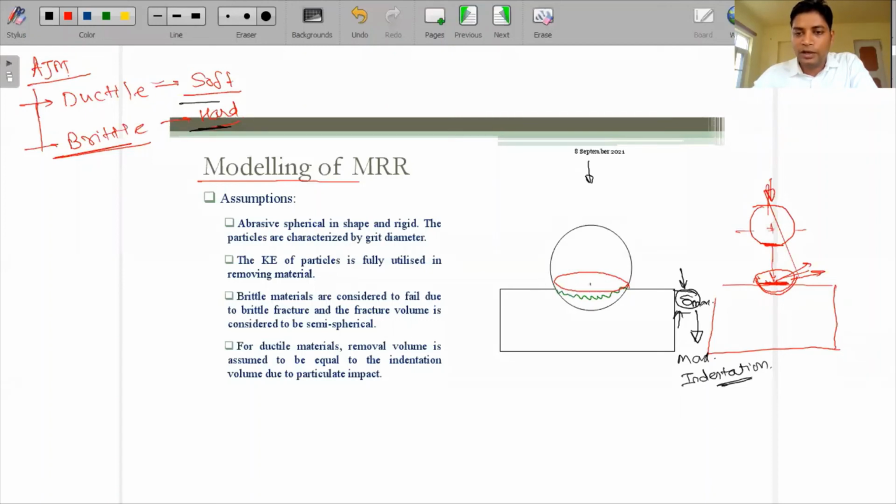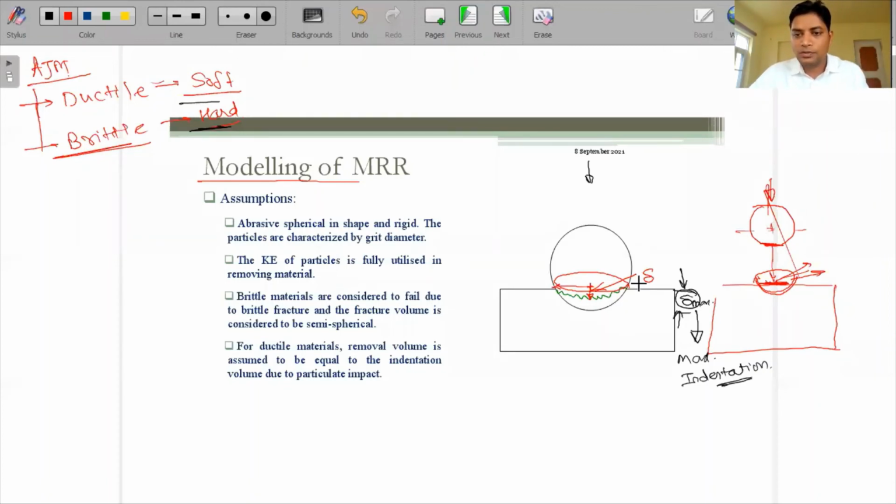So if I take this as a center, then there will be some radius. Now how much radius will it be? We are just assuming that whatever the indentation is, this indentation is delta. Exactly, it is delta maximum, but as I said, some amount of the material is shocked by the workpiece, so that will not be removed from the workpiece.